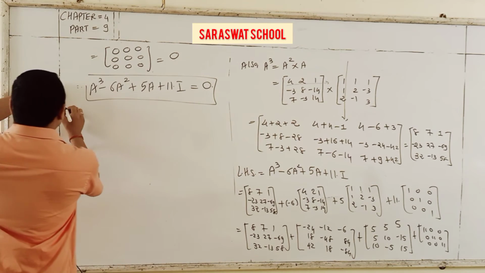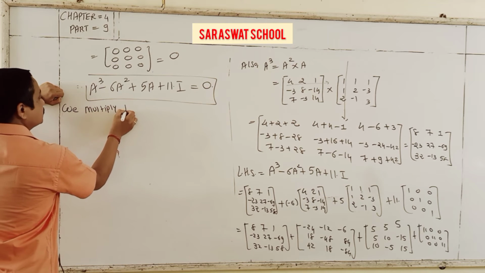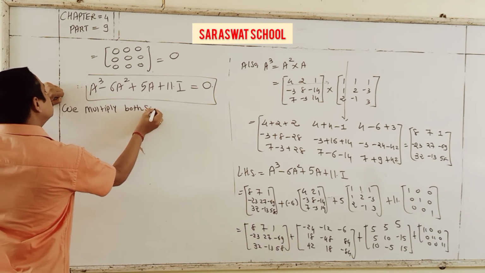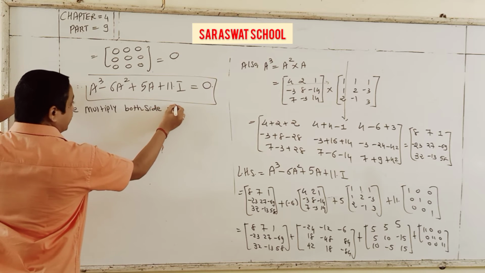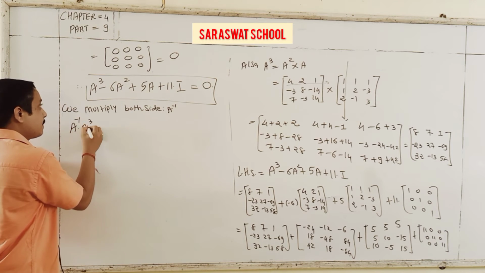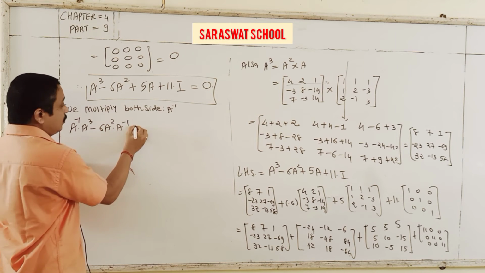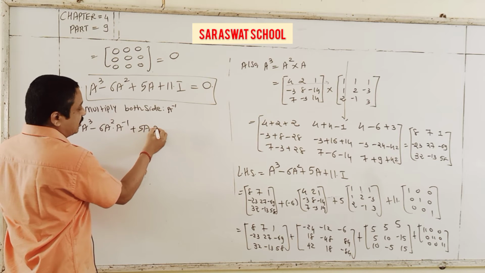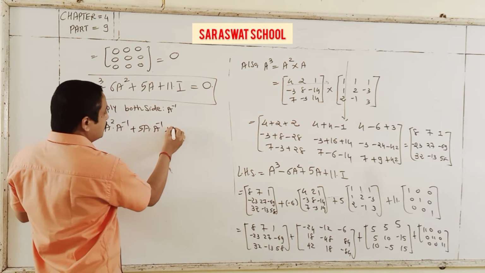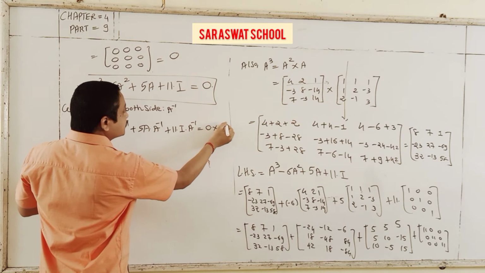We multiply both sides by A raised to minus 1. So here A raised to minus 1 with A cube, 6A square with A raised to minus 1, again 5A with A raised to minus 1 and 11I with A raised to minus 1.